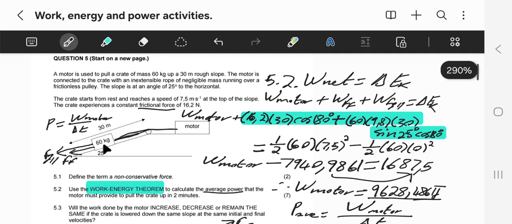This is the one. So this is when the object is moving upwards. The motor has to fight with two forces, the force of gravity parallel and the force of friction. So there's too much work that the motor has to do, since it is fighting against two forces, right, that are opposing the motion of this object.